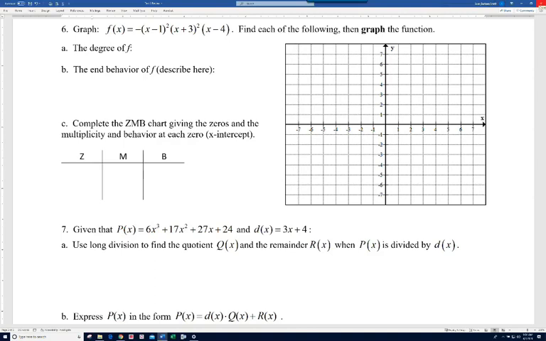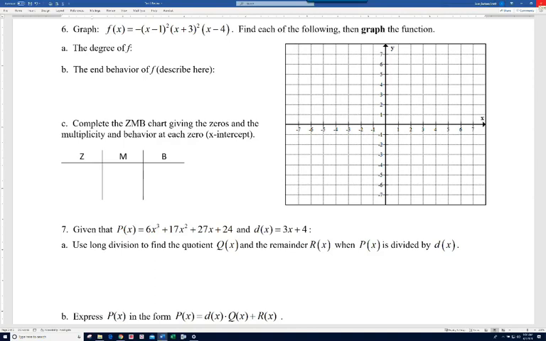On number 6, we need to find the graph of this function. It's f(x) equals minus the quantity (x minus 1) squared times the quantity (x plus 3) squared times the quantity (x minus 4). It says find each of the following, then graph. So first of all, what's the degree?